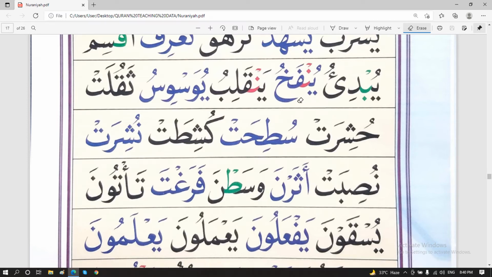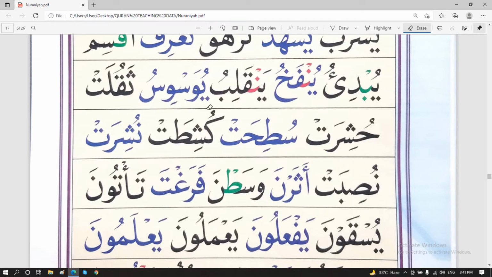Ikhfa, moving the sound of noon into the nose for a while. ينفخ.